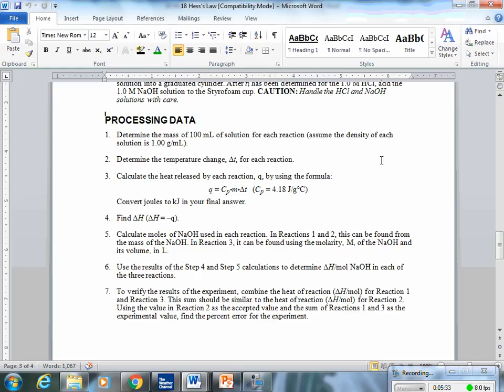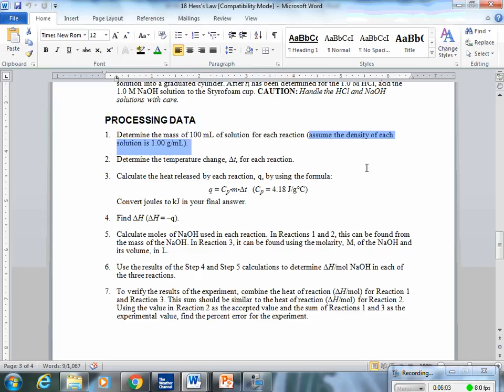In fact, they're very near the same. So that's right here, the C sub P, we are assuming that it is that value for water. The second assumption is what we just discussed here. We're assuming that the density of each of the solutions is 1 gram per milliliter. Since this is very nearly the case, we know that 100 grams will be 100 milliliters.